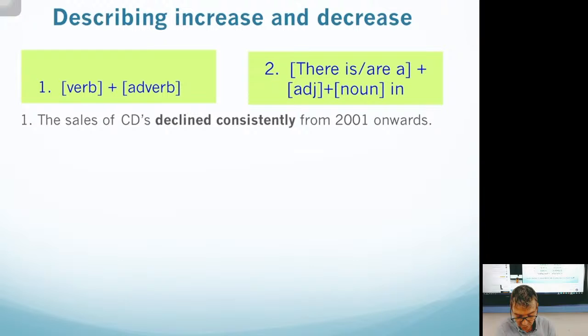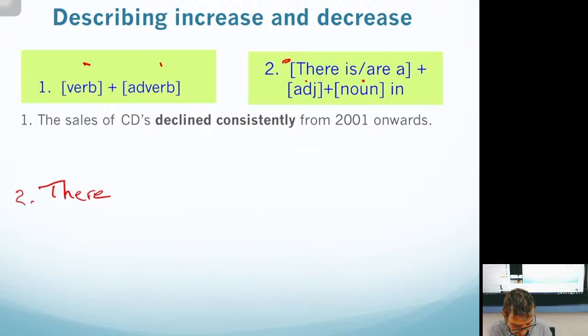Alrighty, so how do we change from verb and adverb to adjective and noun? So the first sentence, and we'll have a look at this one. The sales of CDs, compact discs, declined consistently from 2001 onwards. How can we change this? So let's start using number 2. Oh my god, my handwriting. So we'll start with there. There is, or there are.